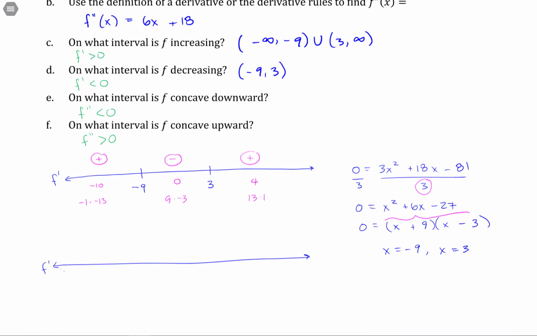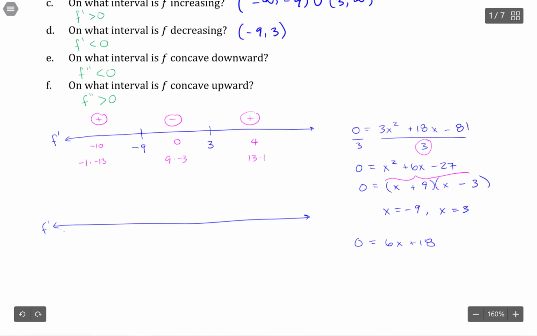So if I take 0 equals 6x plus 18 and solve that, looks like I would have negative 18 equals 6x, so x is -3. So that's my inflection point, and that would be where the function changes from concave up to concave down, or vice versa. We just have to test to find out.